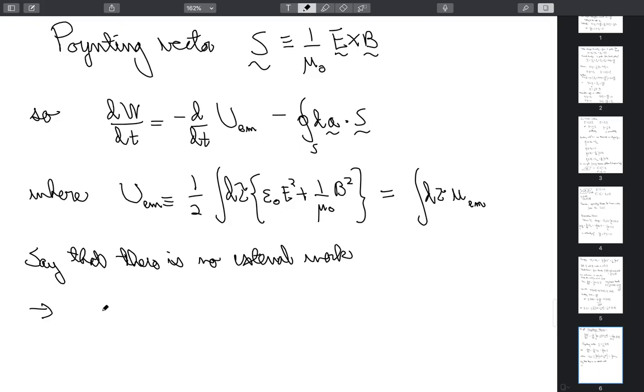that the time derivative of the integral d tau of u_em.